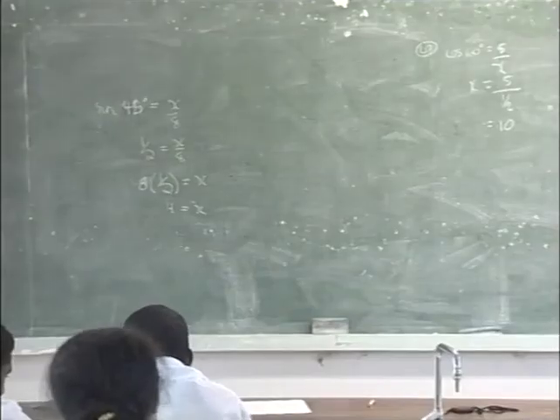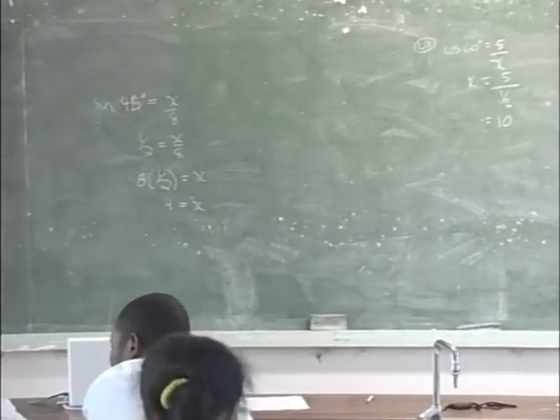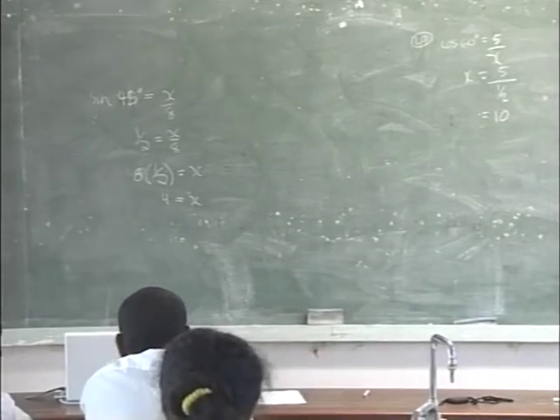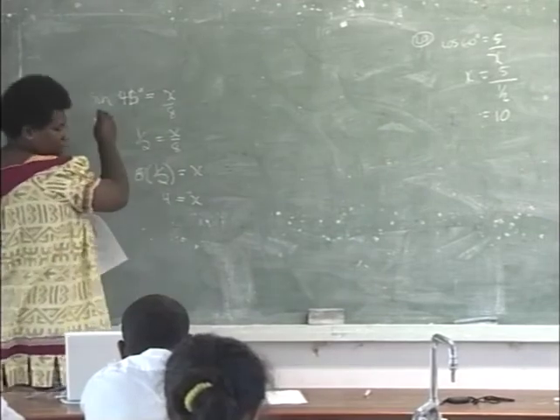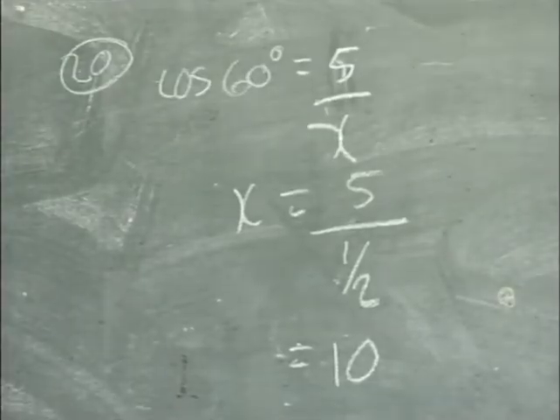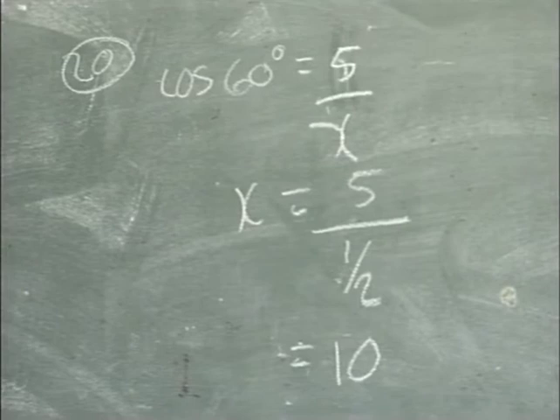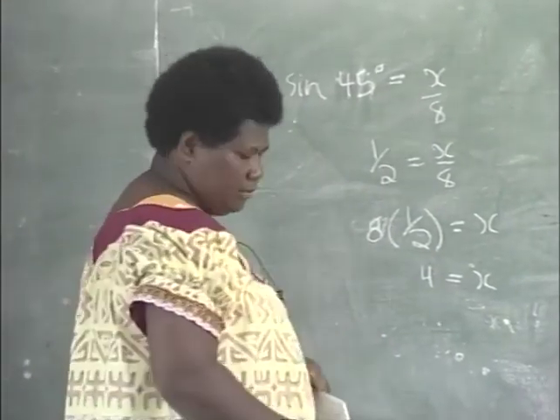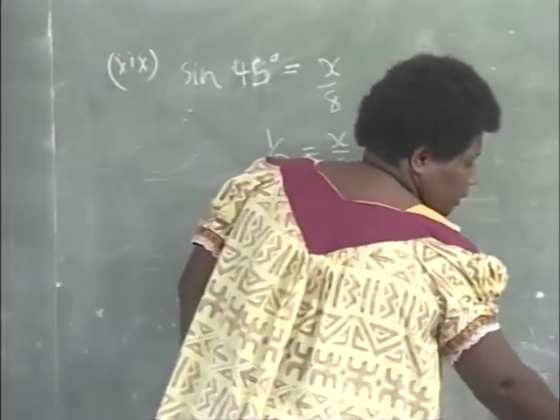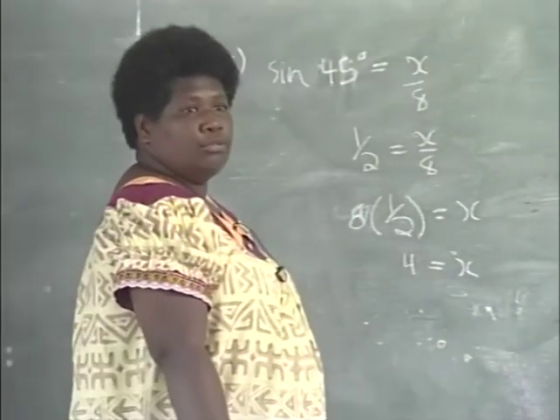Okay, this is number 19. Sine of 45 is 1 over root 2.